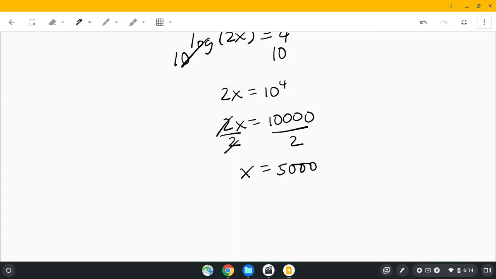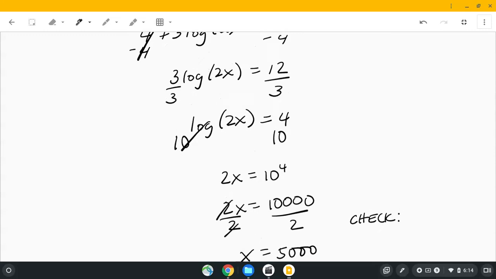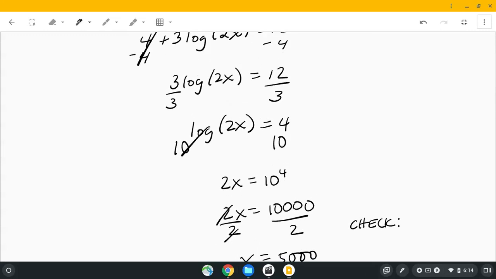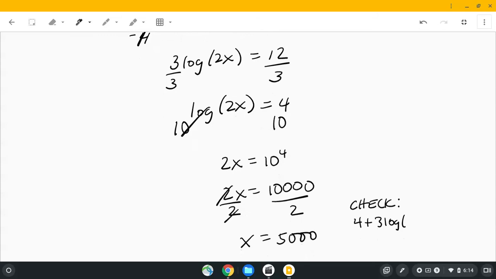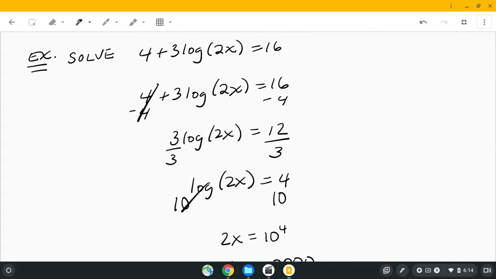Okay, and then we're going to go ahead and check this. Okay, 4 plus 3 log 2 times x, so that's 10,000, equals 16.